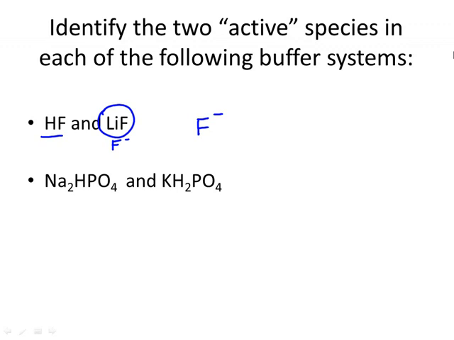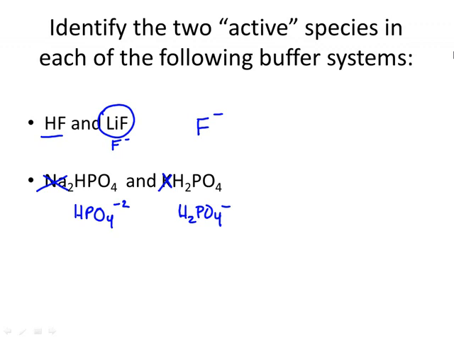In the next one, I have Na2HPO4, and I've got KH2PO4. I think the sodium and the potassium are not super important, because I can see that this is really HPO4 negative 2, and that this is H2PO4 negative.